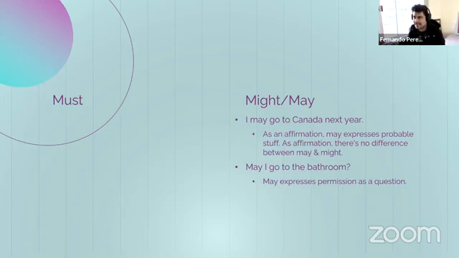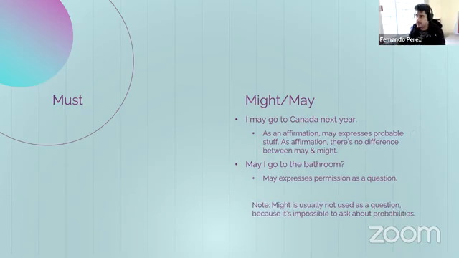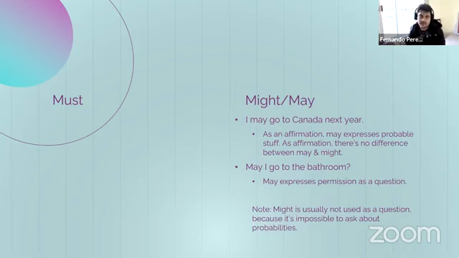Let's take a note about that. Might is usually not used as a question because it's impossible to ask about probabilities. In case you want to ask for probabilities, better use would.